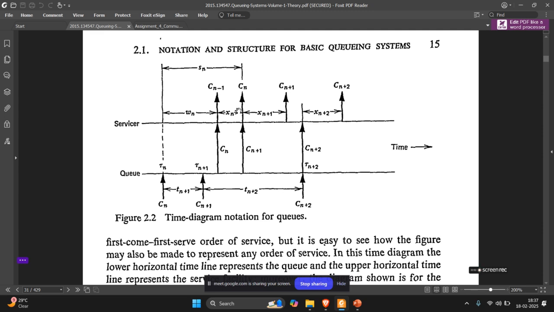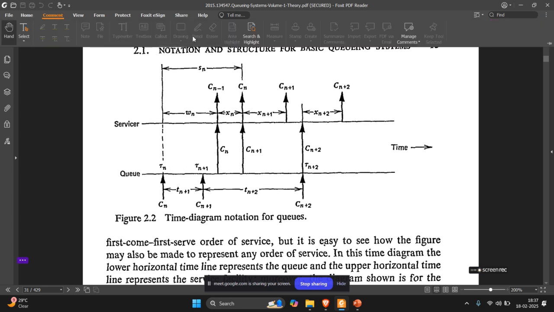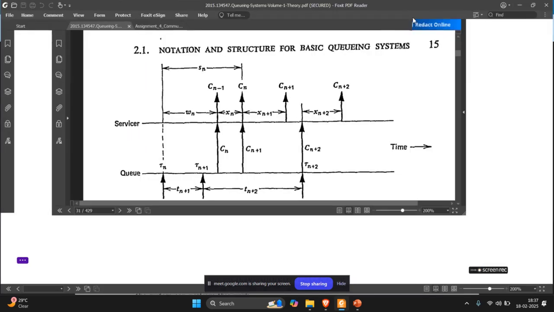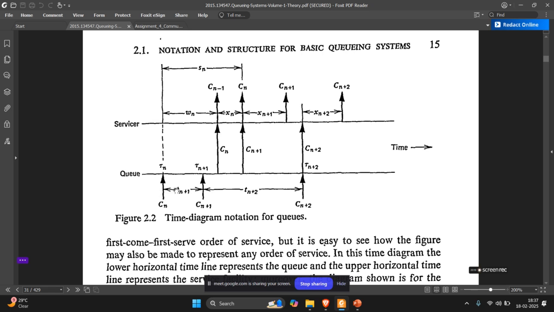From the point of view of the packet Cn, what time did it spend?